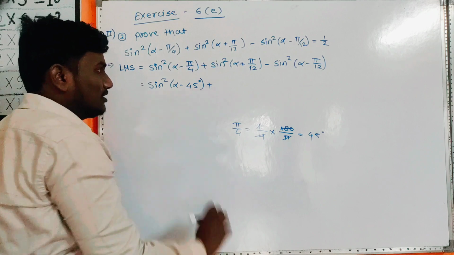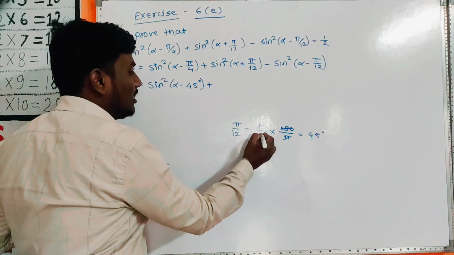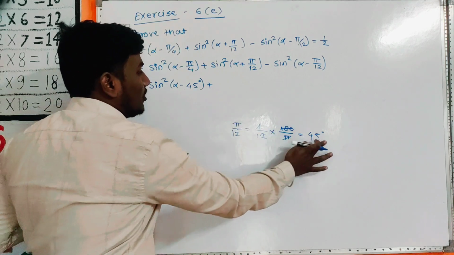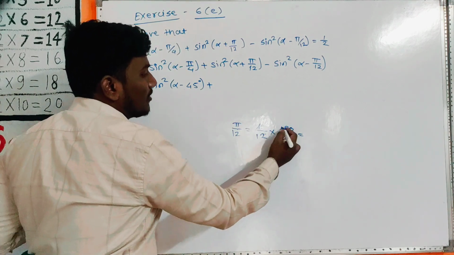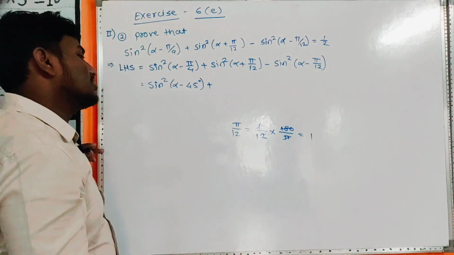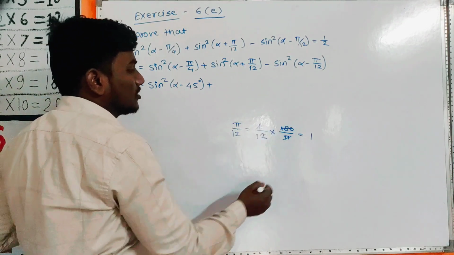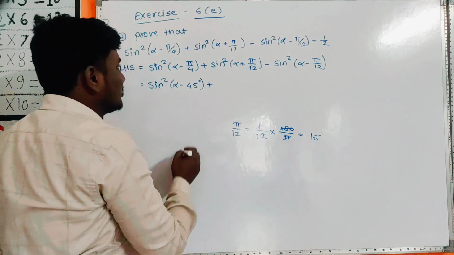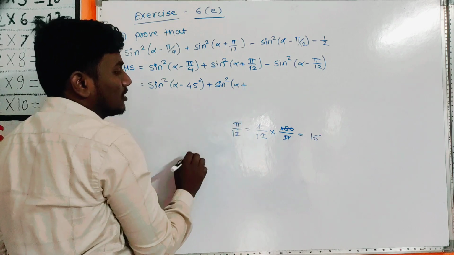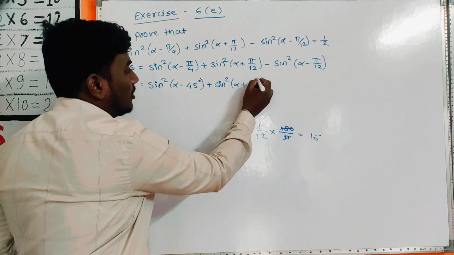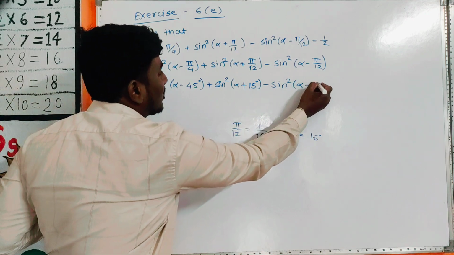Is it clear? Plus, now this π/12 can be written similarly, converting into degrees: 12 times 15 is 180. So π/12 can be written as 15 degrees. Am I right? Plus sin² (α + 15) minus sin² (α − 15 degrees). Is it clear?